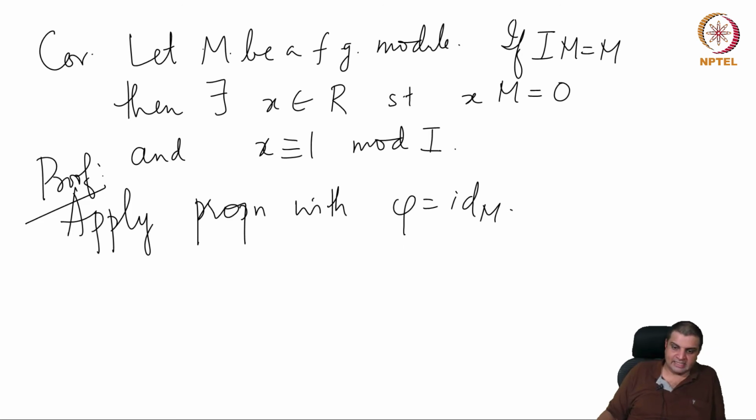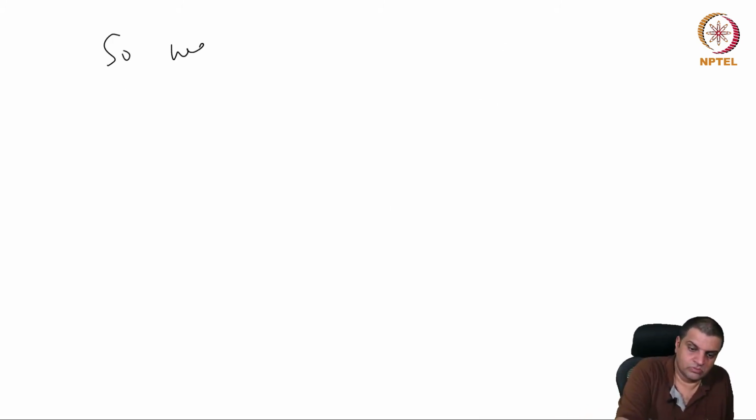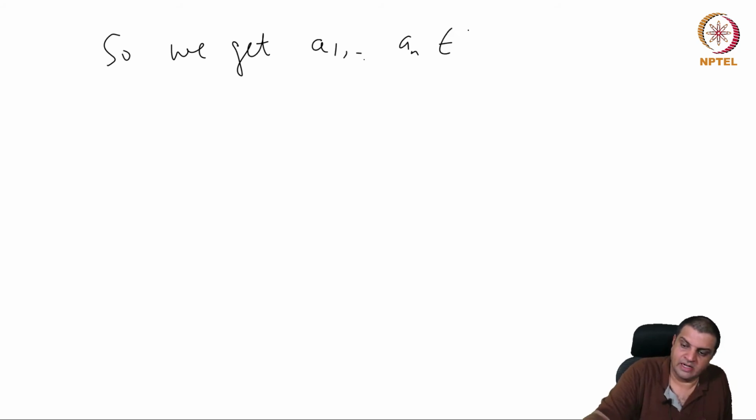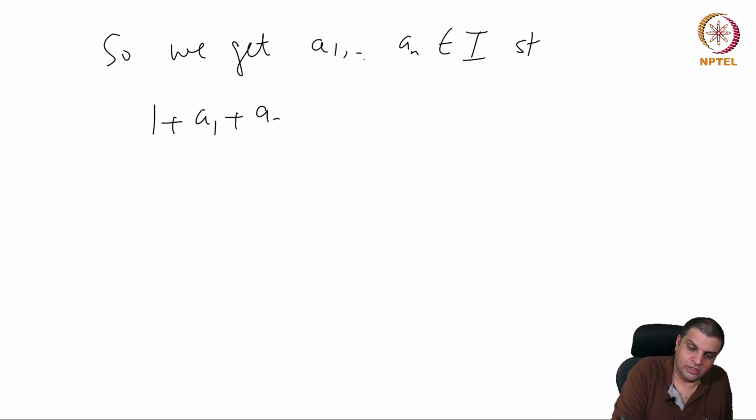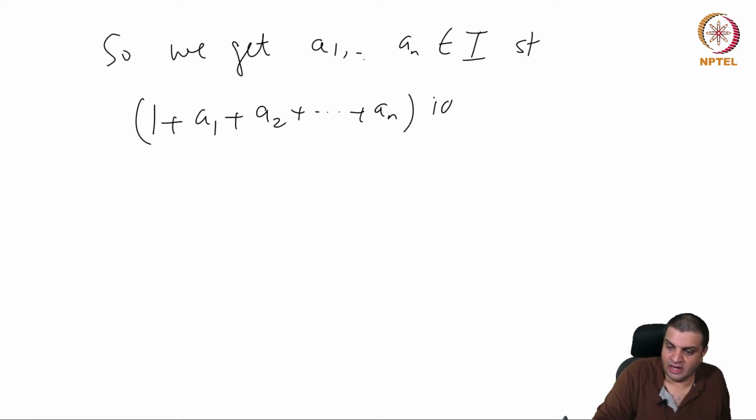So now what do we get? Notice that if you take the identity map and raise it to any ith power, this is just the identity map itself. So we get a1 through an inside I such that 1 plus a1 plus a2 plus ... plus an, times the identity, so that phi to the n will all factor out as the identity map on M, equals 0.